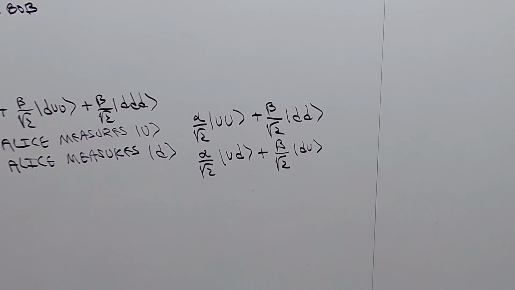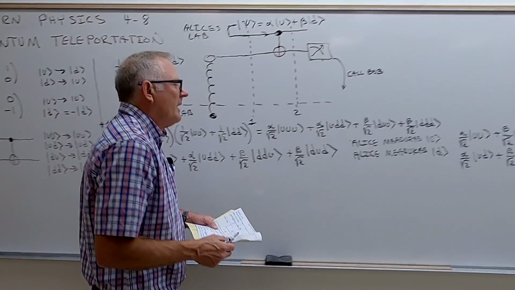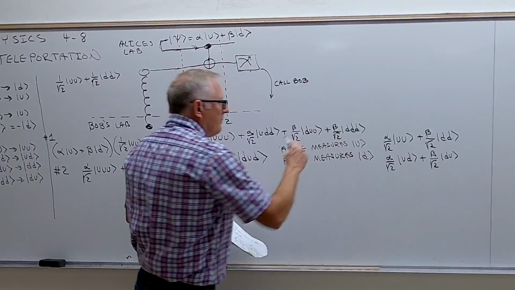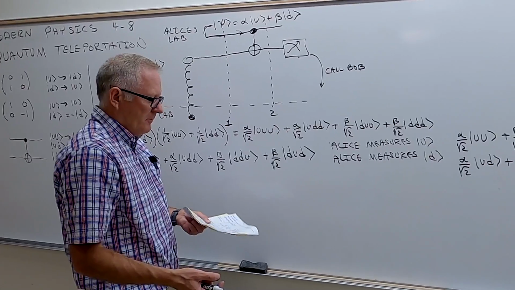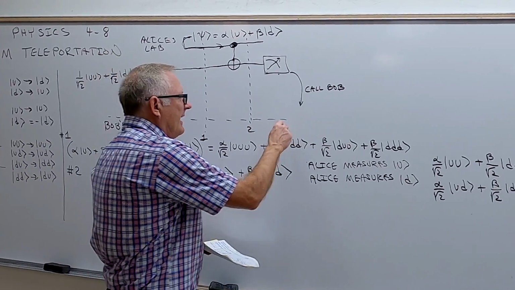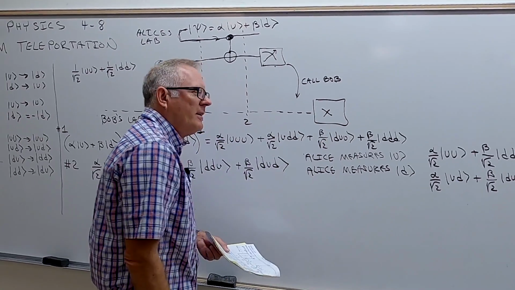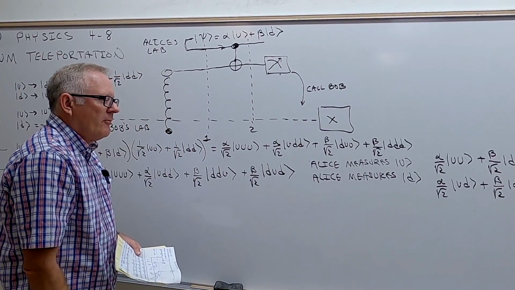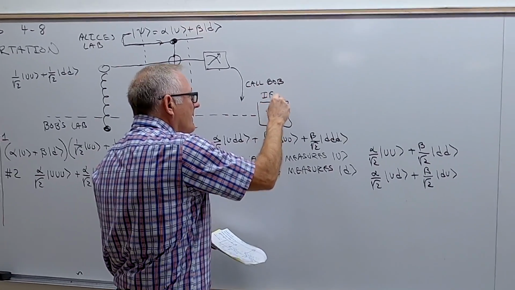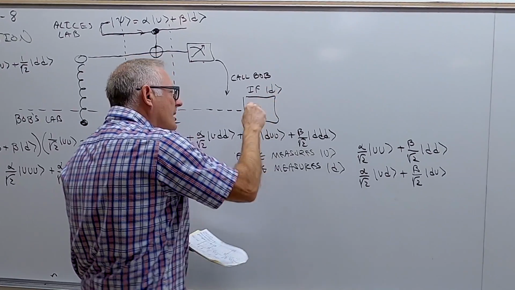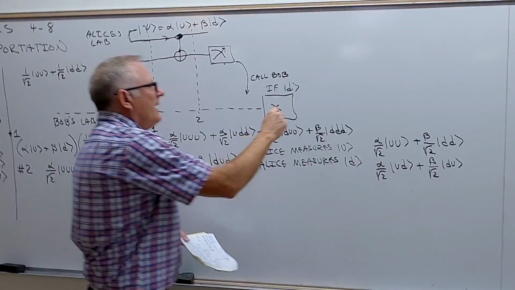So now, what's Bob going to do? Bob is going to say, well, if you told me it was up, I'm not going to do anything. If you tell me it was down, then I'm going to put an X gate here. So this is X gate only if Alice says it was down. Okay, so what would it be?